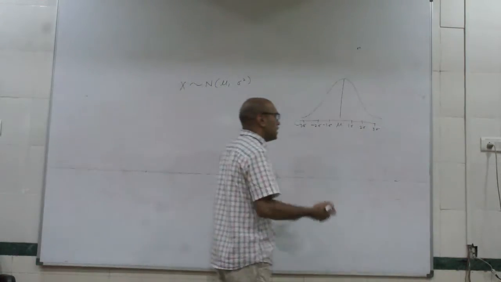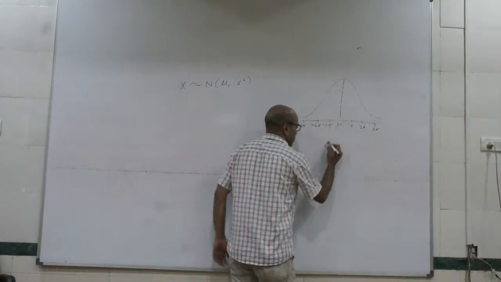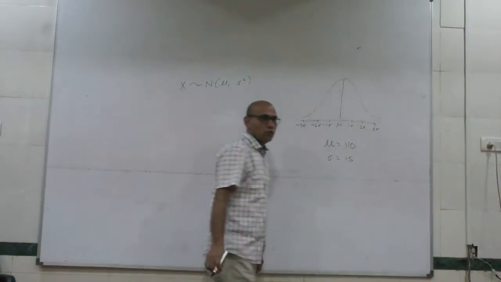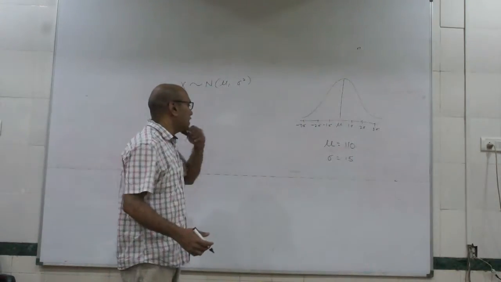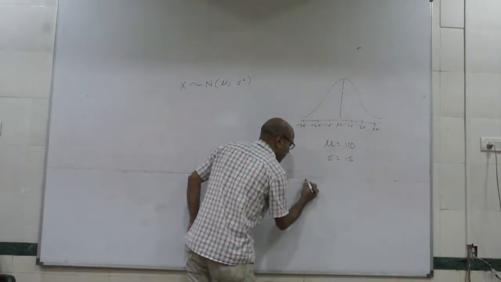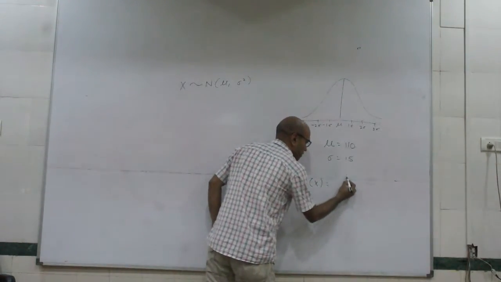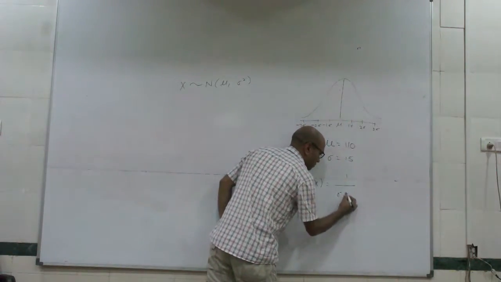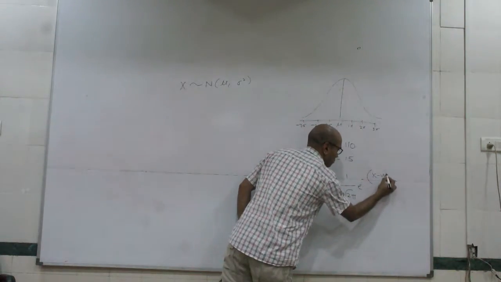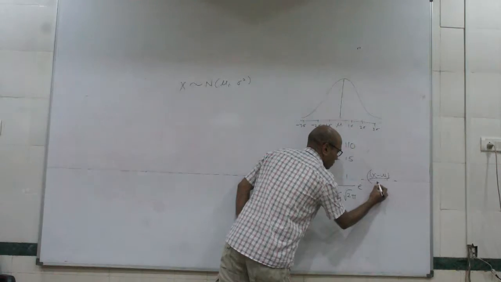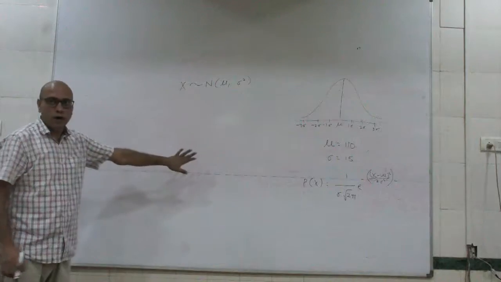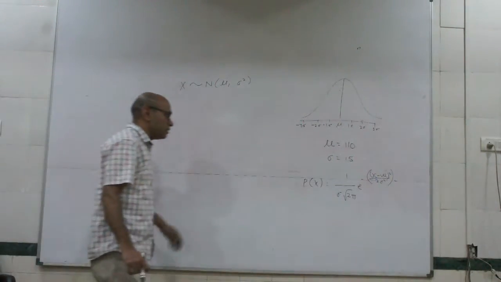Say, suppose I talk about intelligence, then typically I believe that mu is 110 and sigma is 15. So the normal distribution that I have is, I can find probability of x by 1 upon sigma root 2 pi e raised to negative x minus mu whole square upon 2 sigma square, right?